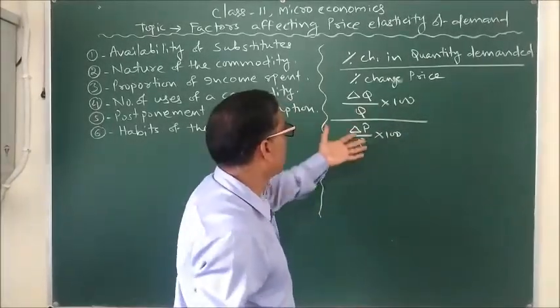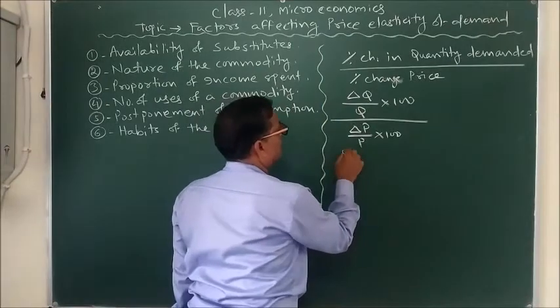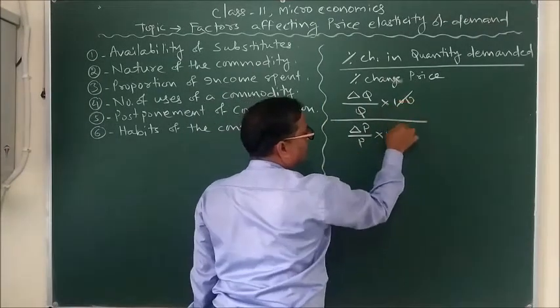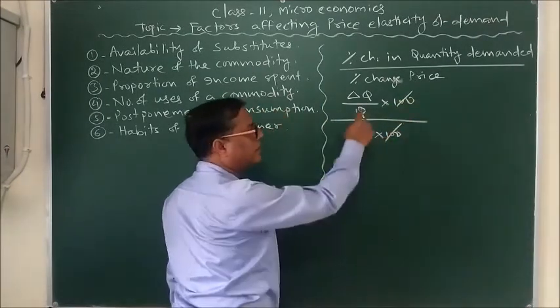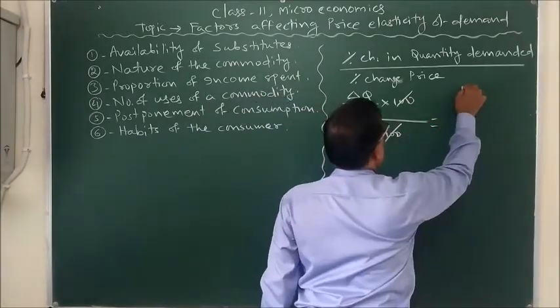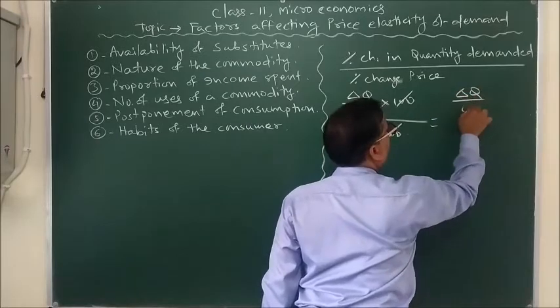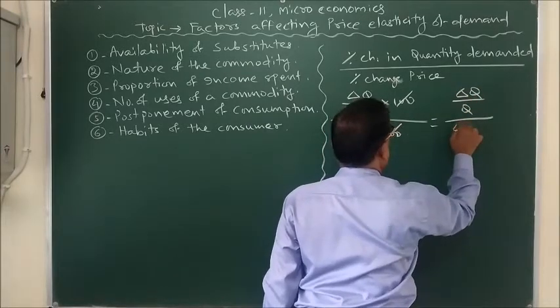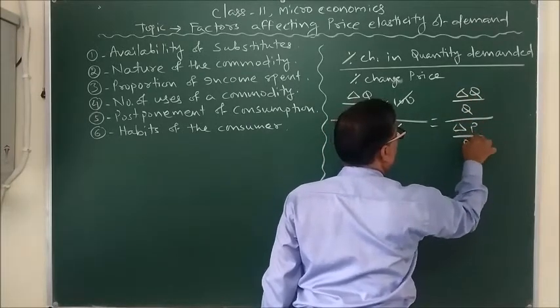When we solve this, we can cancel the same thing in numerator and denominator, that is into 100. Then the remaining thing is del Q upon Q upon del P upon P.